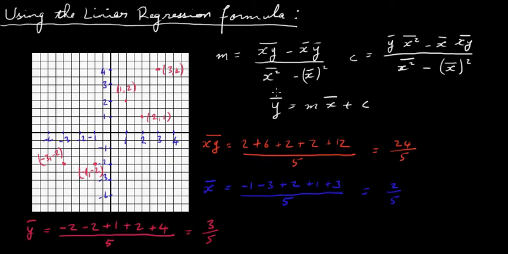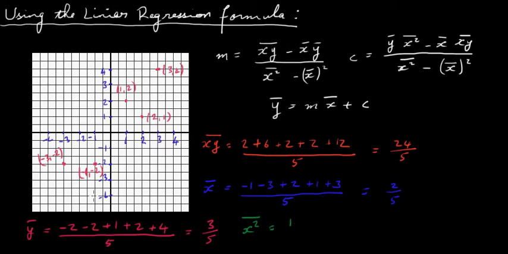And the last one I'm going to do here is the x squared bar here. So it's the x squared, and then we got to get the mean of the x squareds. So we got to square each of our x's. So here we have, let's see, we have minus 1 squared, which is 1.